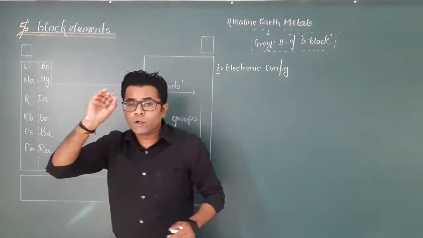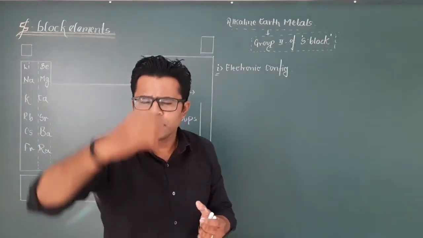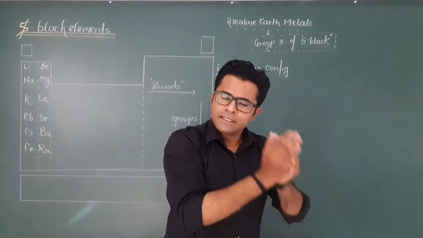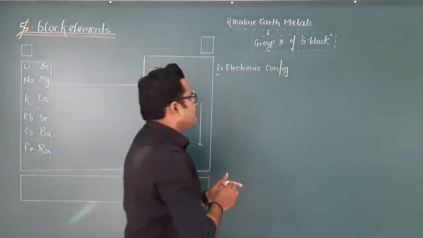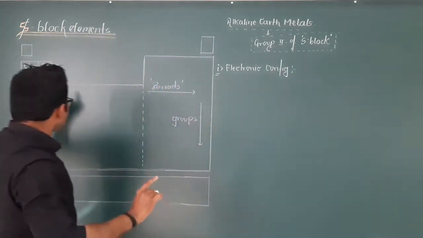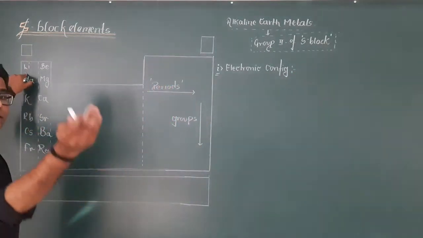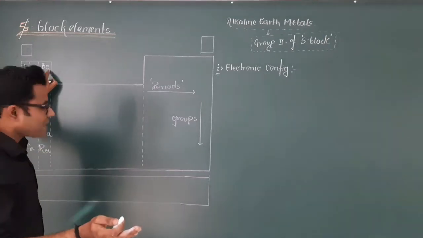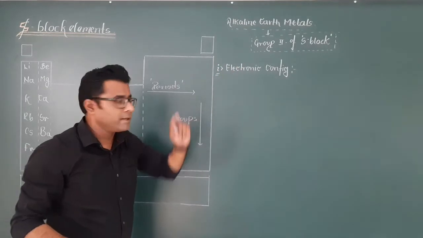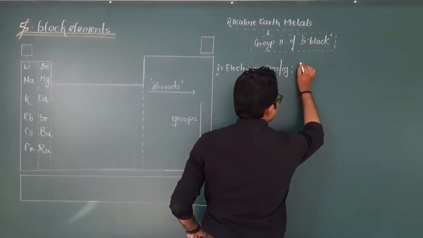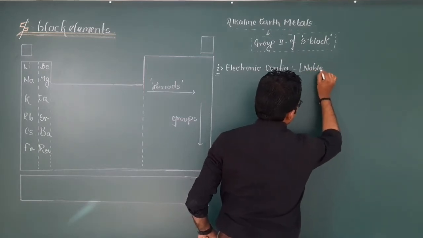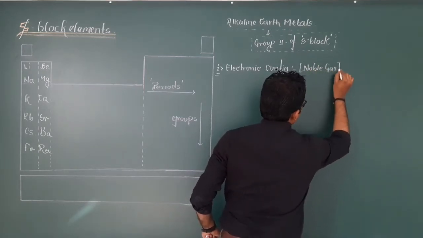In group 1, the last electron, the differentiating electron, was entering into the S orbital of the valence. Same thing happens here, but here we already have 1 electron in the first case, and the last differentiating electron again enters into S orbital, therefore giving rise to the group 2 elements of the S block.